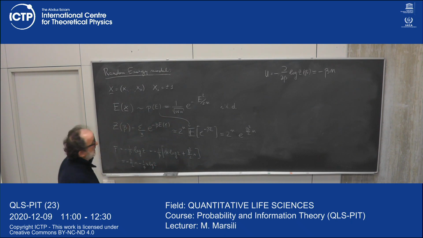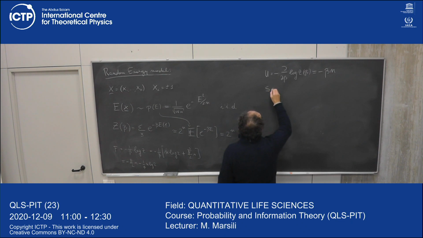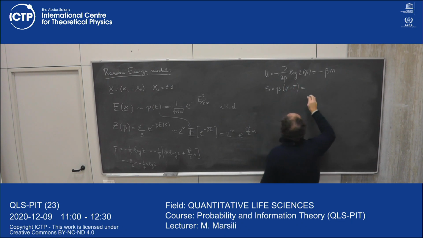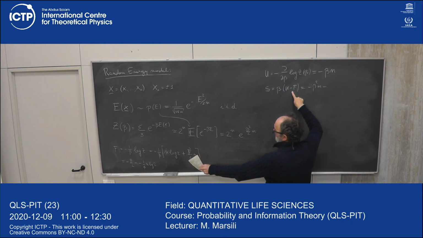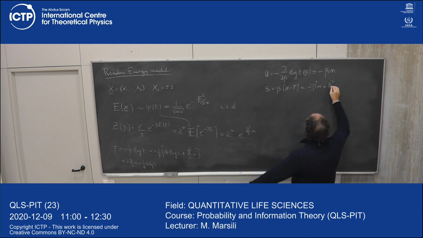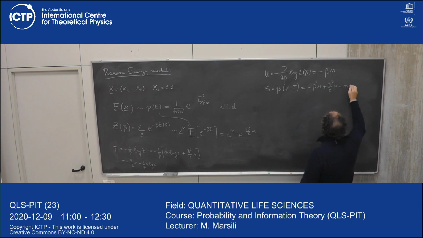And then I can also compute the entropy. So the entropy is beta times U minus F. Okay, so this is minus beta squared times n plus beta squared over 2 times n plus n log 2.